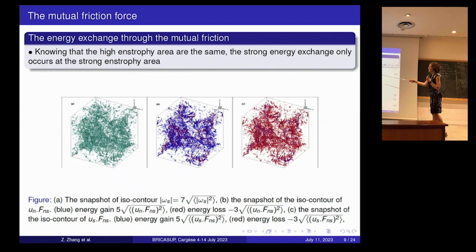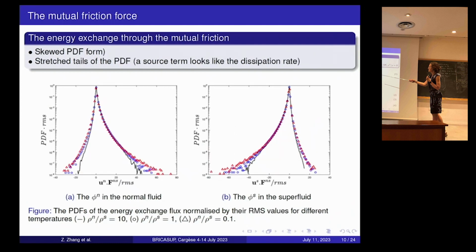And that happens more or less, we see that with the eyes, but it can be shown in detail, in the same places where we have rotational regions, so where we have vorticity of the superfluid. Some statistics of the mutual friction. The mutual friction is the product of the vorticity and the difference of the velocity.